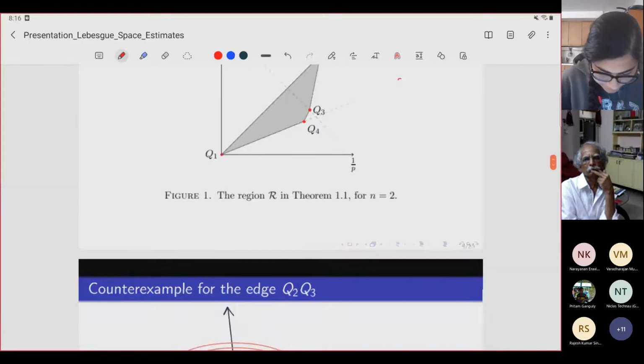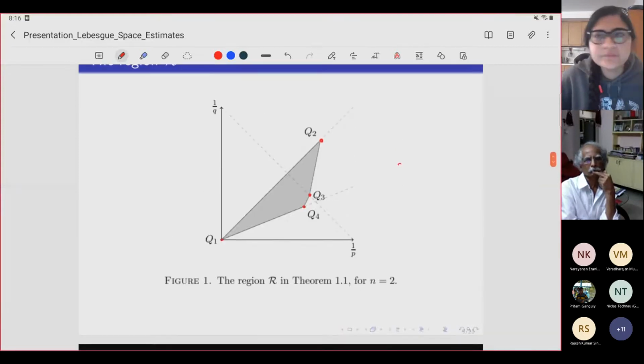Okay, so now for the remainder of the talk, my plan is that in the coming 15 to 20 minutes, I would like to talk more about how we actually get the conjecture of the theorem. How do we get these coordinates? In other words, how do we prove the sharpness of our result?